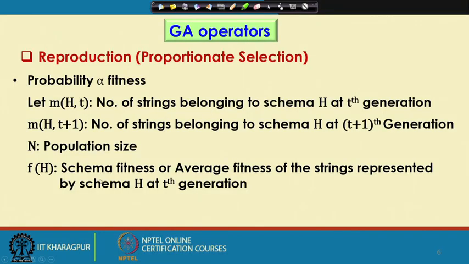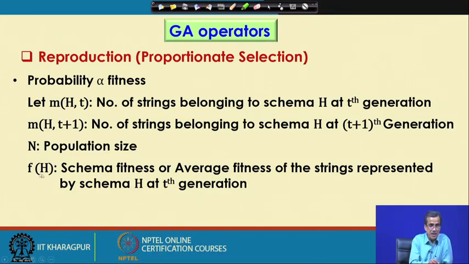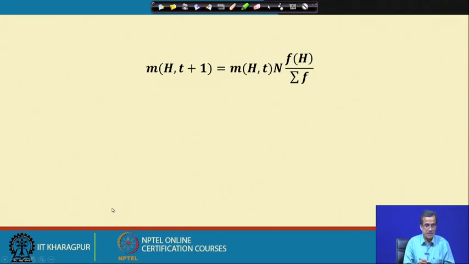So, that will be the average fitness of the strings which follow the schema H, and that is nothing but the schema fitness denoted by f(H). And summation F is nothing but the total fitness.